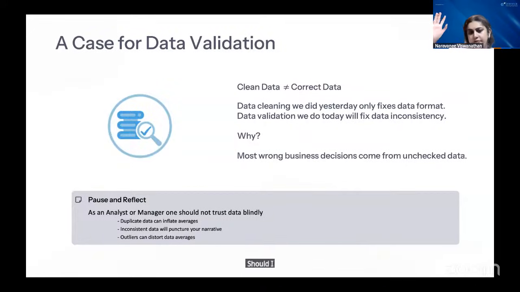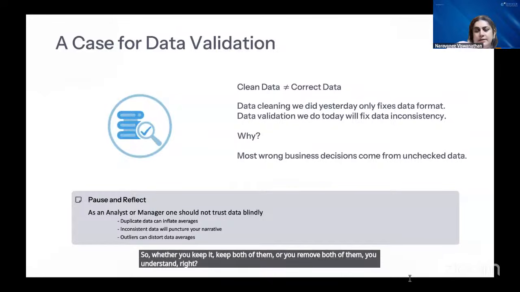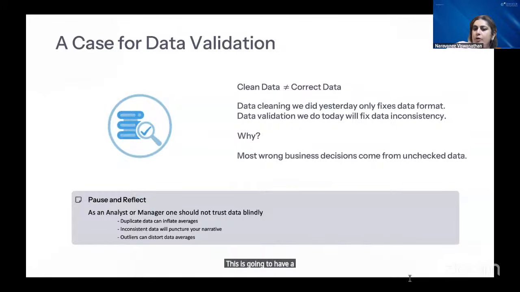Should I keep both of them? Should I remove both of them? Should I keep one of them? What is the answer? You should remove both. Whether you keep both or remove both, this is going to have a huge effect on your analysis or the story that you're going to show.